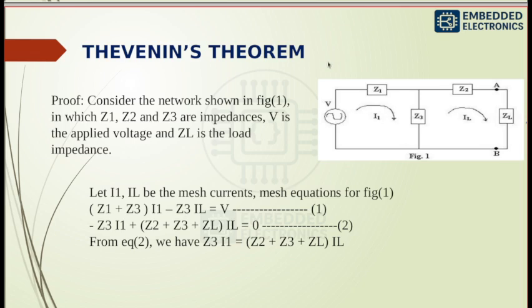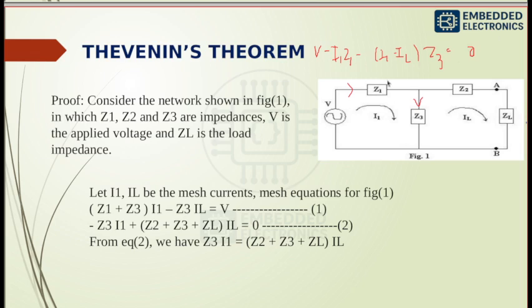Here we can write V minus, since the current is flowing in this direction, I1 Z1, minus, here the current is I1 minus IL, so (I1 minus IL) times Z3, equals 0. This is the equation for the first loop.